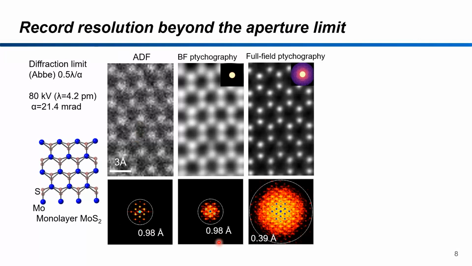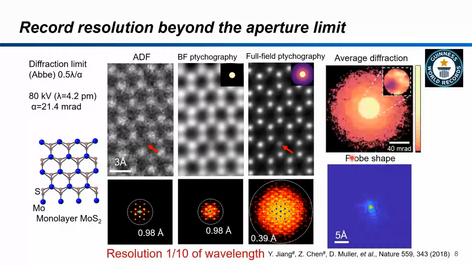And then if we use ptychography reconstruction on the same data set, you can see the spatial resolution can be improved, especially when we use large scattering angles, like dark field regions of the diffraction patterns, to do this reconstruction. And we can even see this single sulfur vacancy point defect.